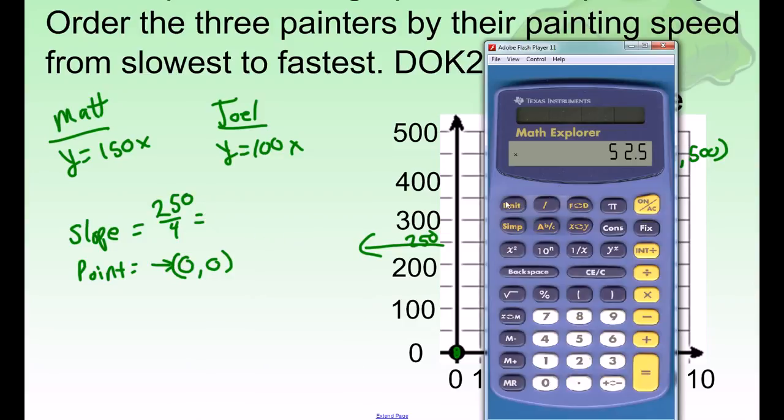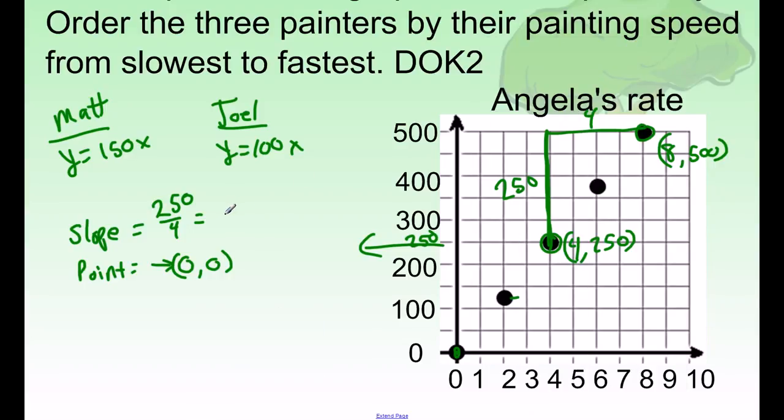And what does that simplify to? 250 divided by 4 is 62.5. That is my slope. Okay, so I have the slope, the rate that Angela paints at.